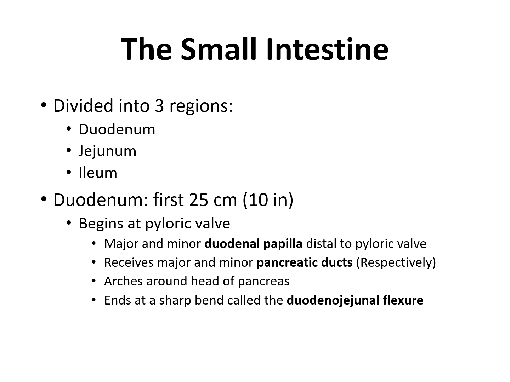And so slightly distal to the pyloric valve, it exhibits those previously described wrinkles called the major and the minor duodenal papillae, where it receives the pancreatic duct and accessory pancreatic duct, respectively.